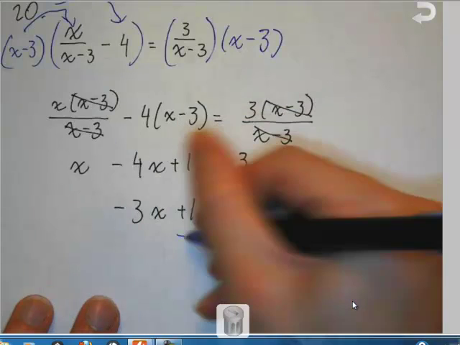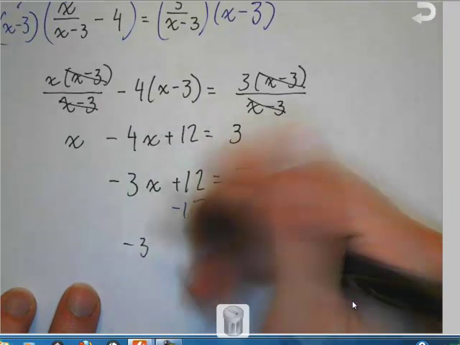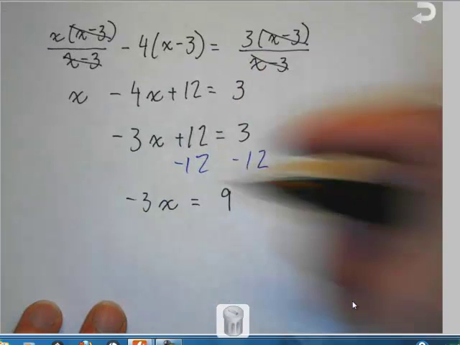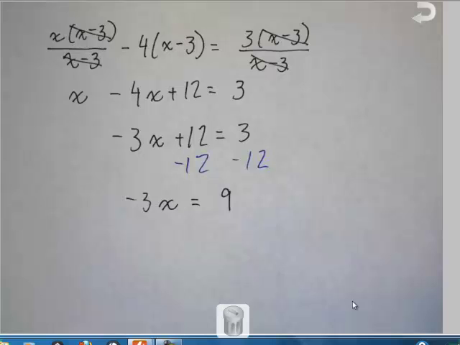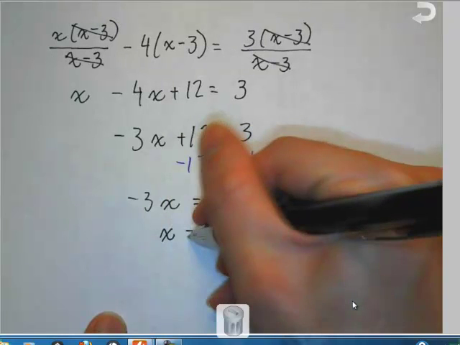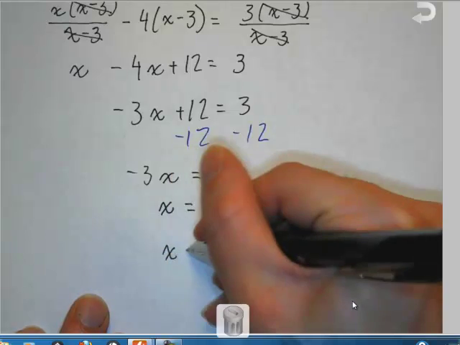You subtract 12 from both sides. You have that negative 3x is equal to negative 9. And you have that x is then equal to negative 9 over negative 3. X is equal then to 3.